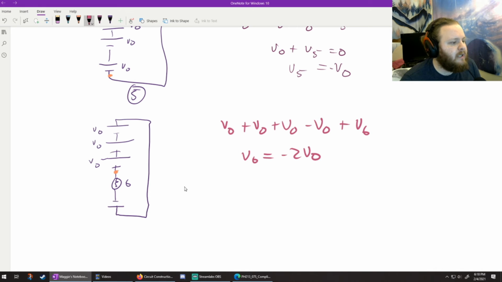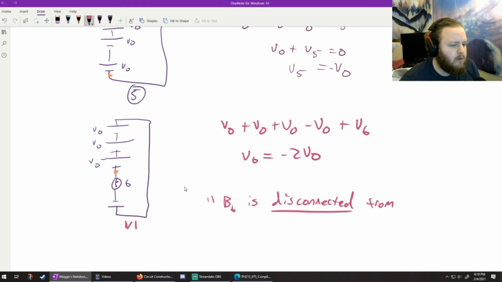Students look at diagram 6 here, and they say, bulb 6 is disconnected from the circuit. Is this statement true?